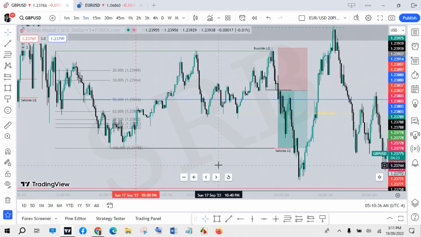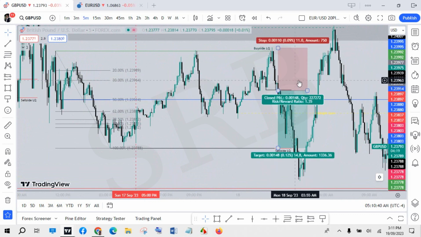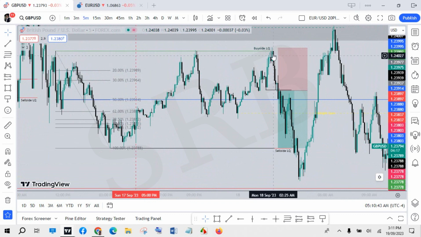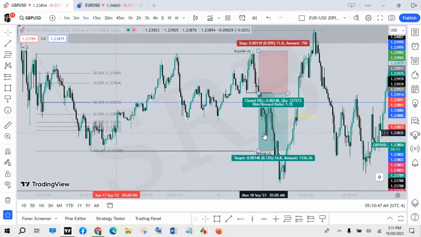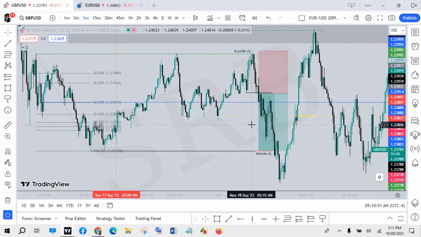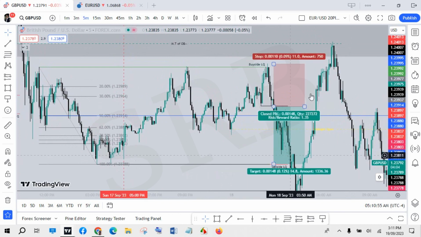So if we go to the lower time frames, the same trade, we can minimize our risks and maximize the profit. So this would be a review on Monday's London session price action.